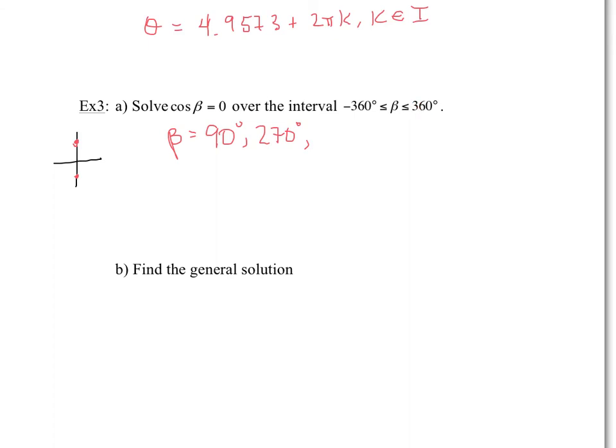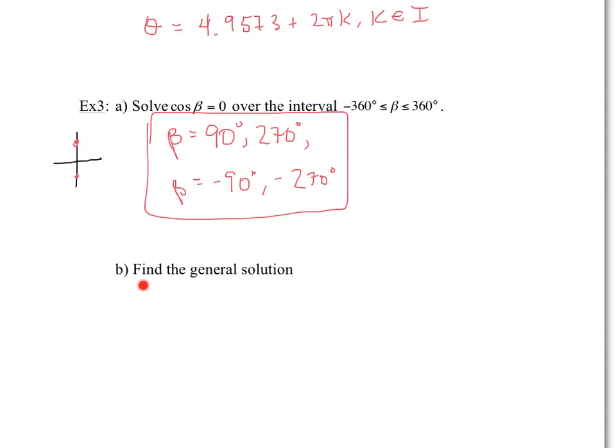Now what if I go in the negative revolution? I start here, because there's a negative revolution and a positive one. So beta equals negative 90 degrees, and you keep going, negative 270 degrees. Those would be the solutions on that interval.